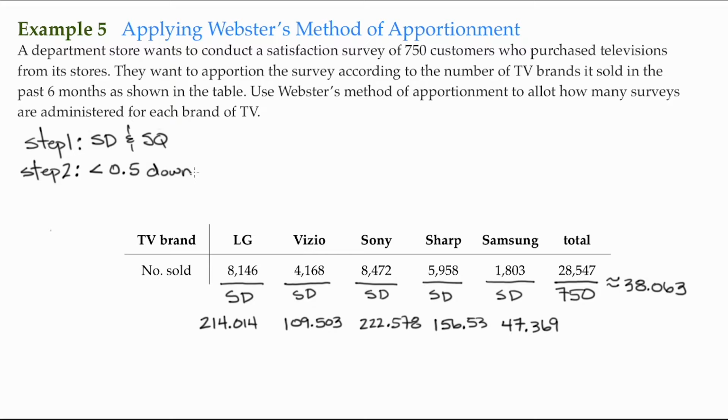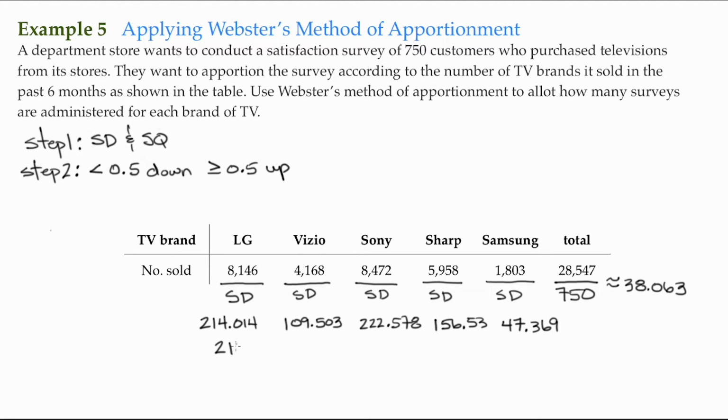When the fractional part of the standard quota is greater than or equal to 0.5, then round up. That's just ordinary rounding. So as we look right here, 214, the 0.014, that's less than 0.5, so we round down to the nearest integer.